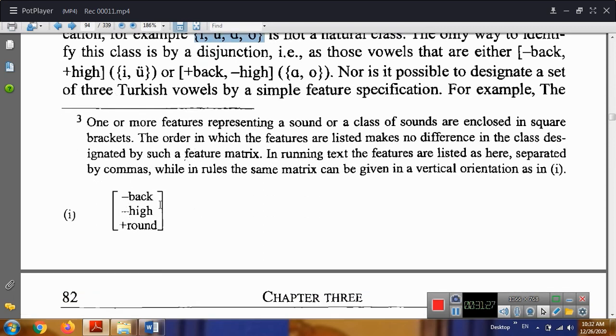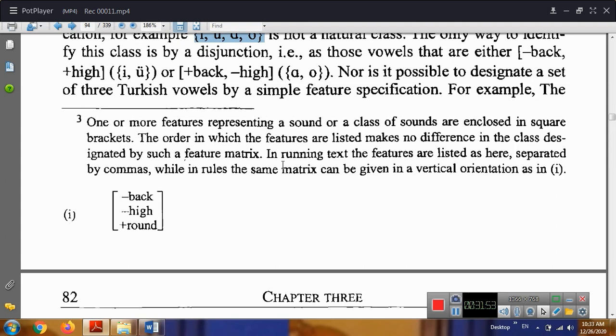For example, okay, here you can see the way we show them when we want to write their rule. One or more features representing a sound or a class of sounds are enclosed in square brackets. The order in which the features are listed makes no difference in the class designated by such a feature matrix.